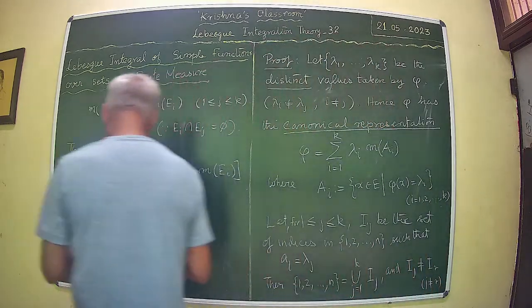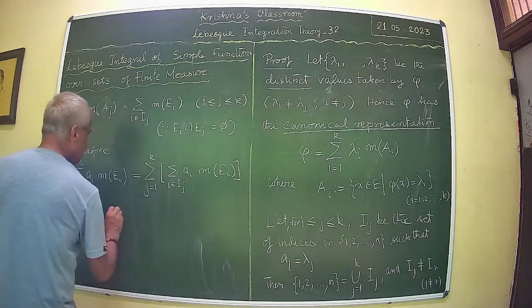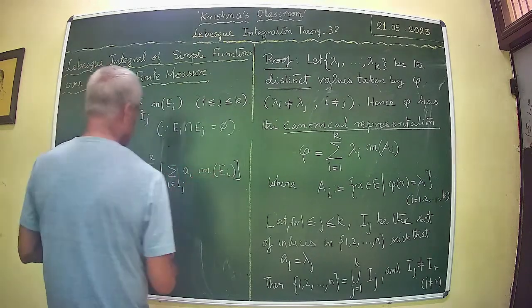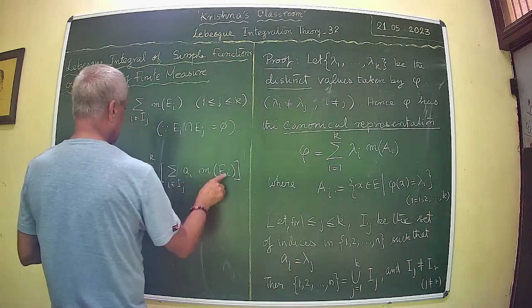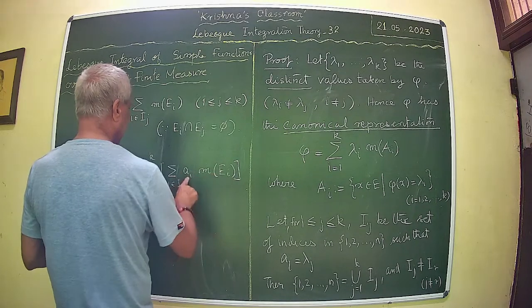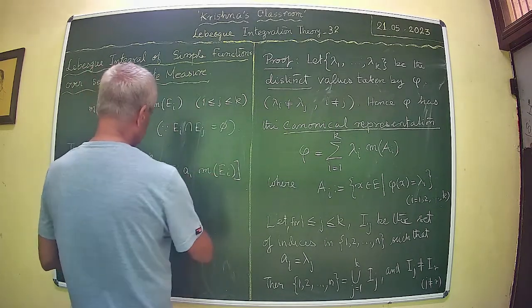and that you can write as, see, on this collection the a_i's are all lambda_j.